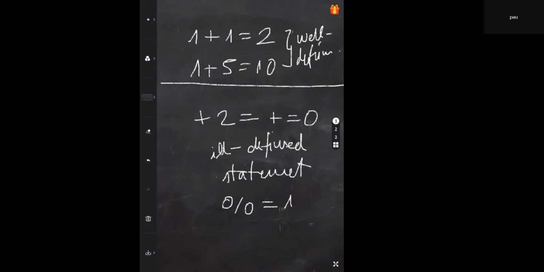This is not a mistake. This is an ill-defined statement. Why? Because since the division by 0 is undefined, the above statement is not well posed.